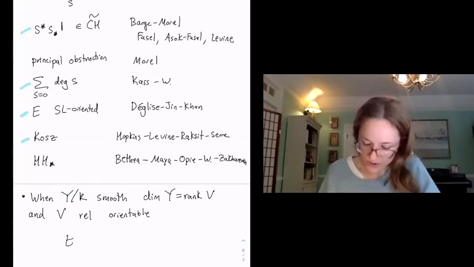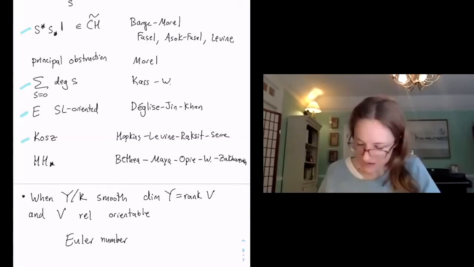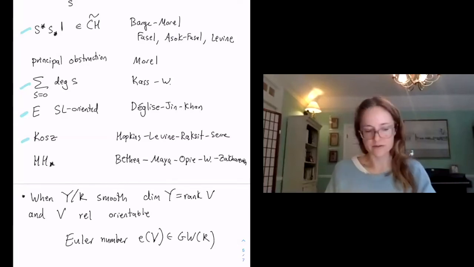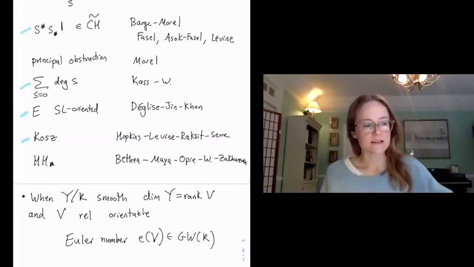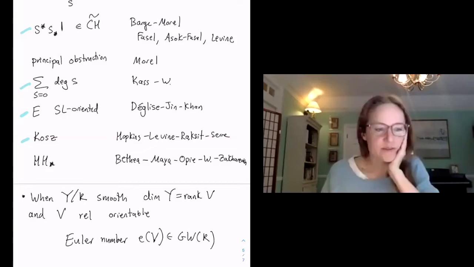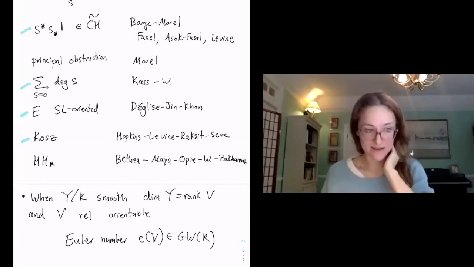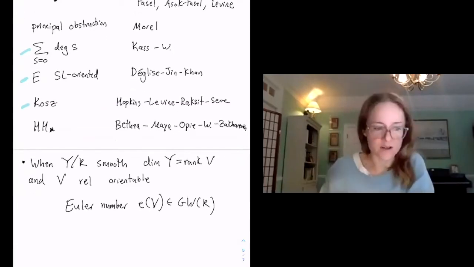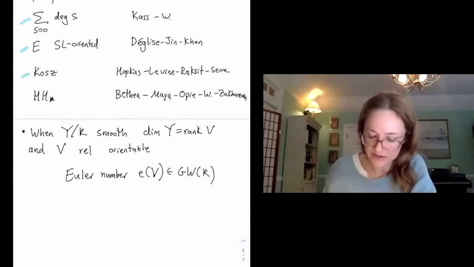Then we have an Euler number, I'll call it E of V, living in the Grothendieck-Witt group of k. I'm going to spell out what the Grothendieck-Witt group of k is very explicitly, because it's concrete, and our counts record concrete arithmetic information valued in this group.